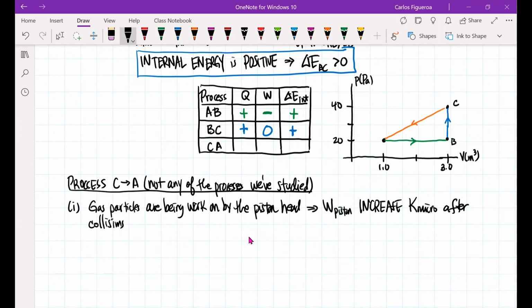So in other words, the gas gains kinetic energy. Because the gas gains kinetic energy, this work is now positive. So the work from C to A has to be positive.